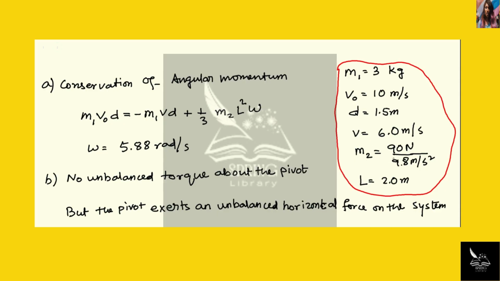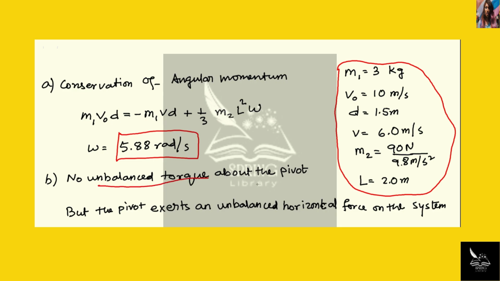So to get the mass, we just divide the weight by gravitational acceleration, and L is 2 meters. L is the total length of the bar. So if we put in all the numbers, we see omega is 5.88 radians per second.